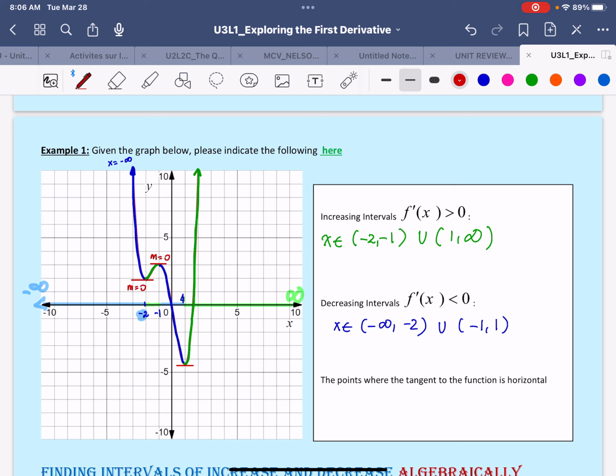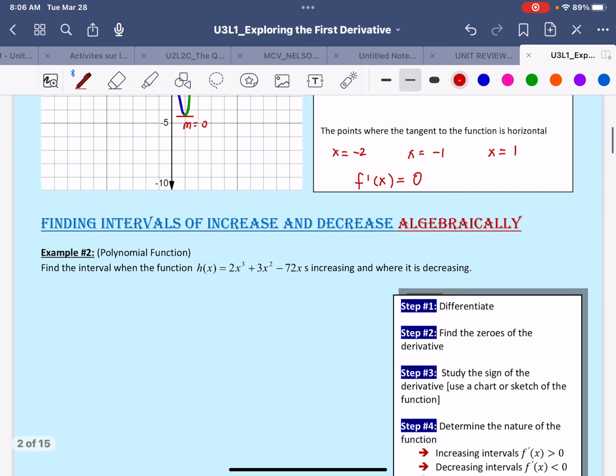Or in other words, the derivative will be equal to 0 at x equals negative 2, x equals negative 1, and at x equals positive 1. So at all these x values, the derivative of the function would be equal to 0.